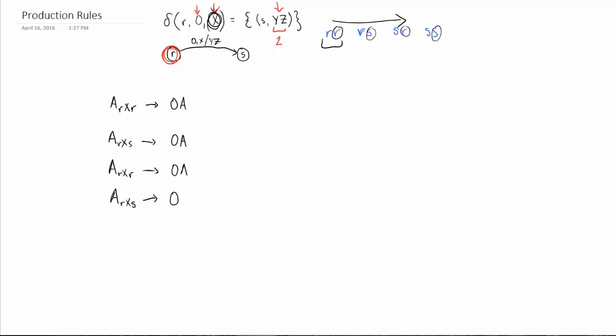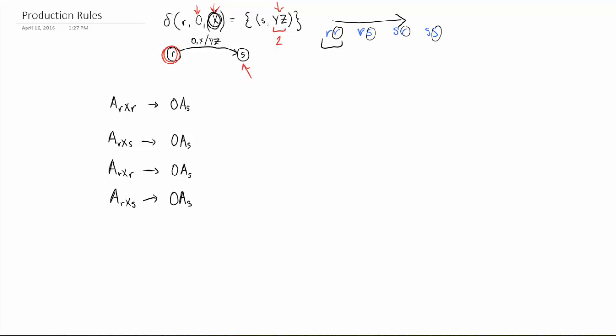This is just hailing back to that template that I showed at the beginning. So we have 0A, and then we will put down the destination of the transition. So again, this is always the same, it's just S. So we have S here, S here, S here, S here.